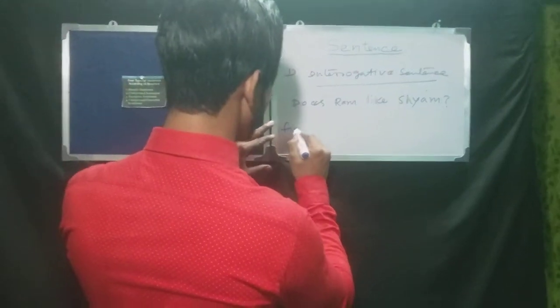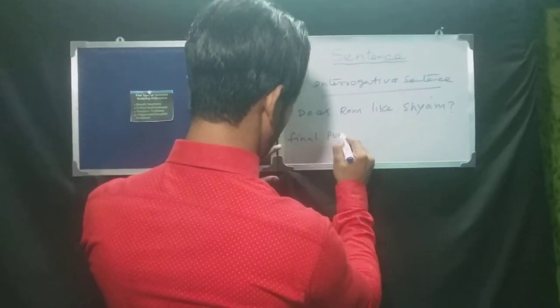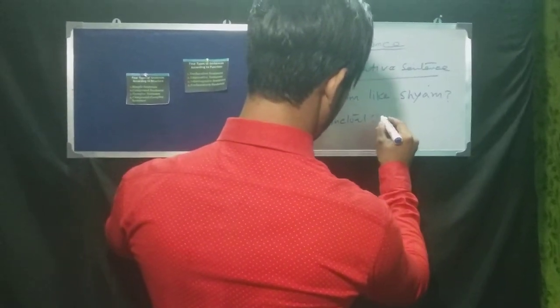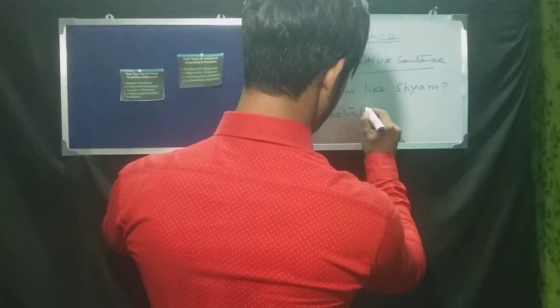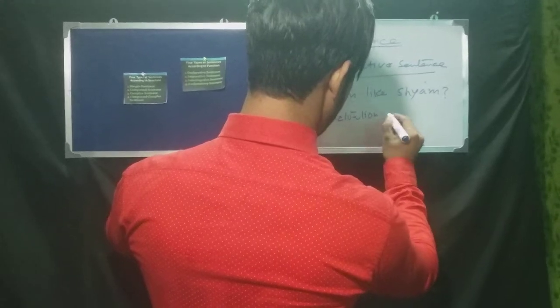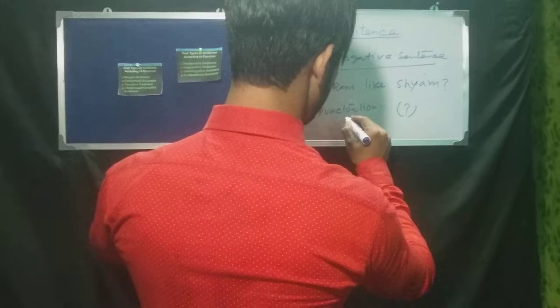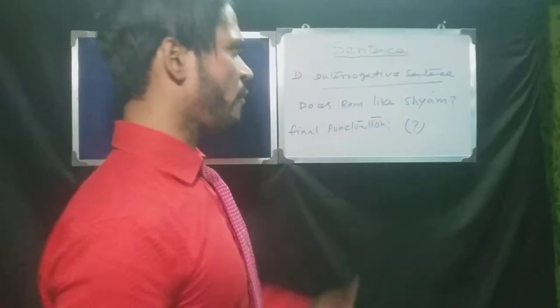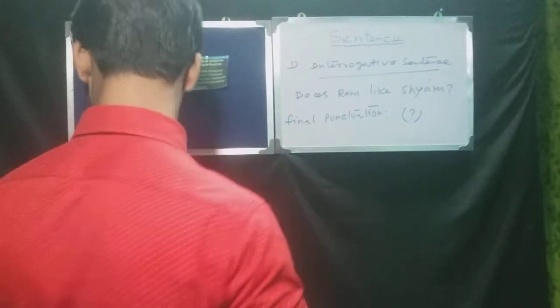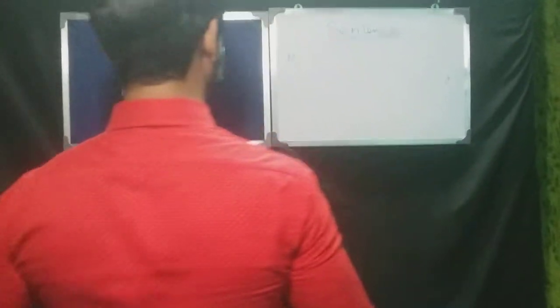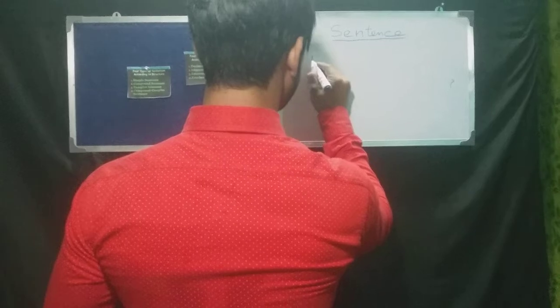So what is the final punctuation? Here is the final punctuation, sign of interrogation. What is the next type? Imperative sentence.